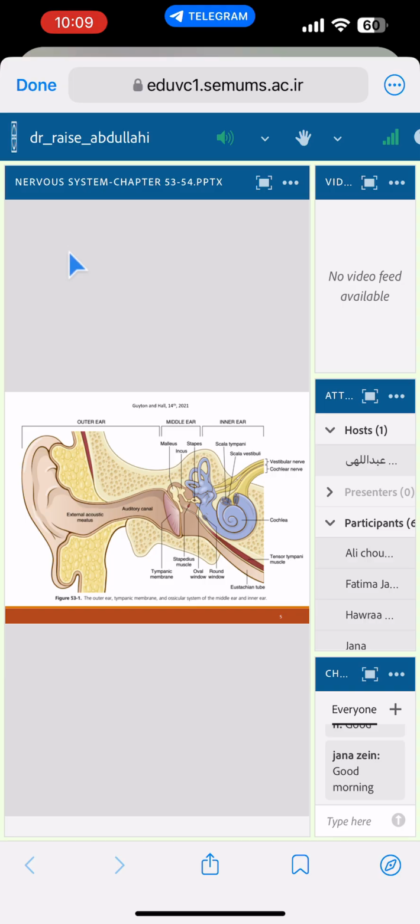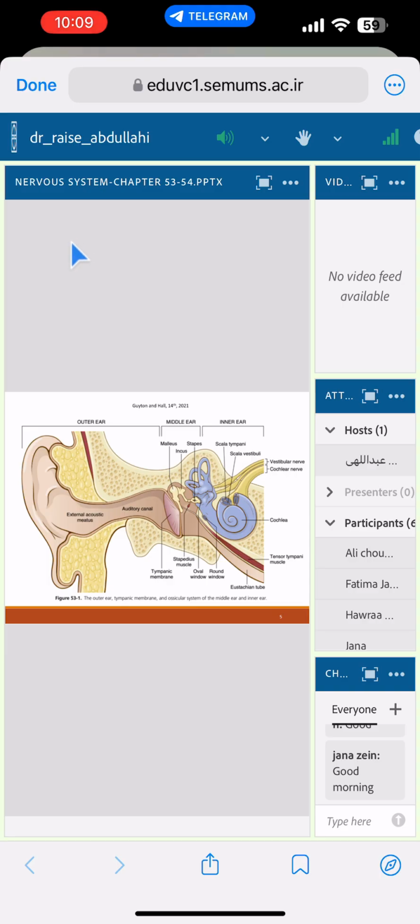And oval window, round window, and cochlea, and finally this is the nerve, the acoustic nerve, or vestibulocochlear nerve.